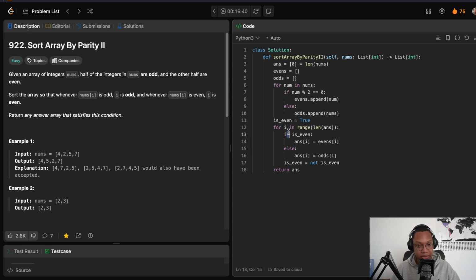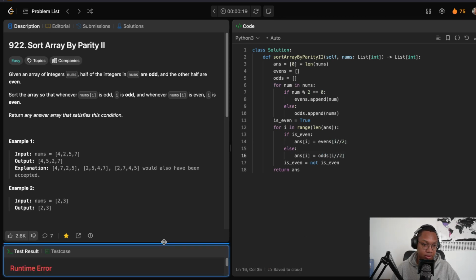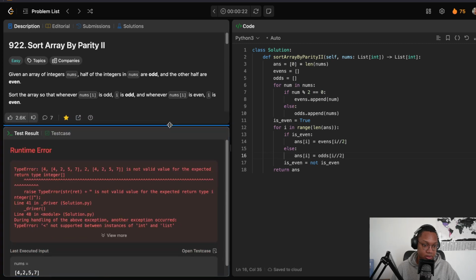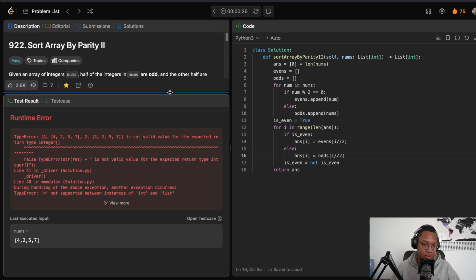So then we'd have 0, 0, 1, 0, 1. 0 divided by 2 is 0. 1 divided by 2 is 0. I think we just divide by 2. And I think it's just fine. Okay, how did that happen?